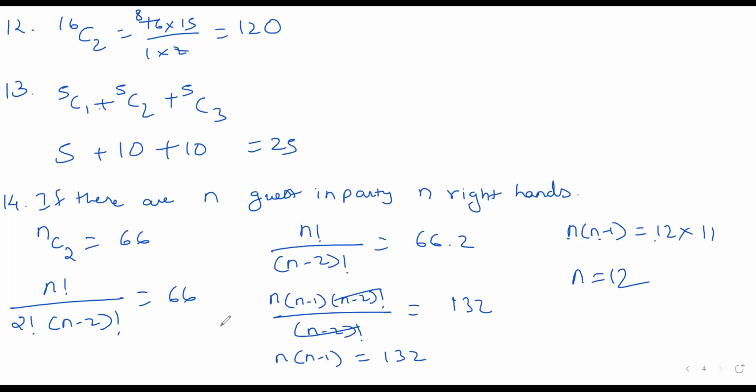So n is 9. Or otherwise, at this moment you can try the options for n and find out the answer. Look at the options, the first option is 11, check whether 11C2 gives 36, then try 12.